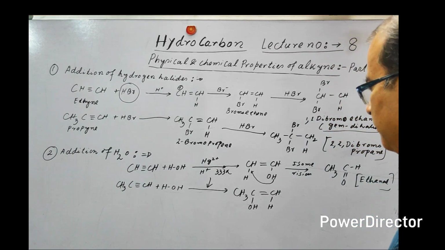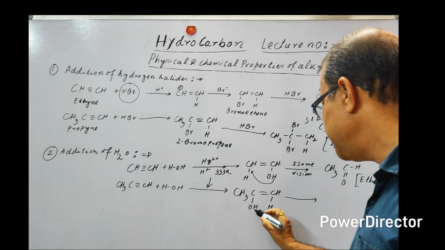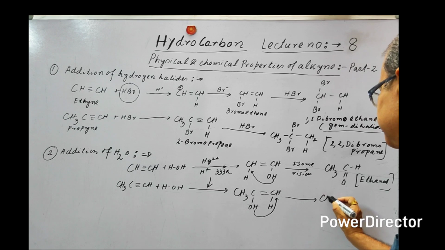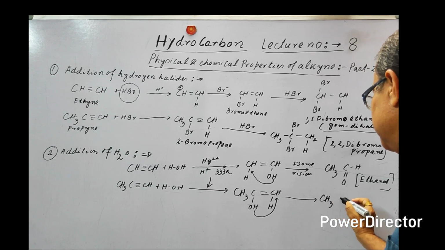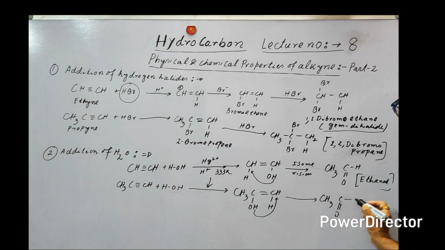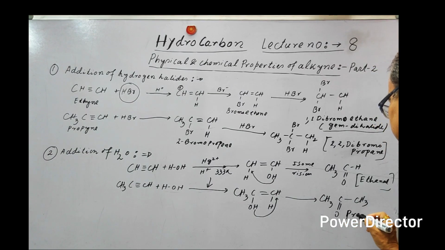Okay. Now there is again an isomerization process. The rearrangement process is that the hydrogen will be shifted here and it is going to produce this carbonyl group. So what is this? This is propanone, or dimethyl ketone. We can also say propanone.